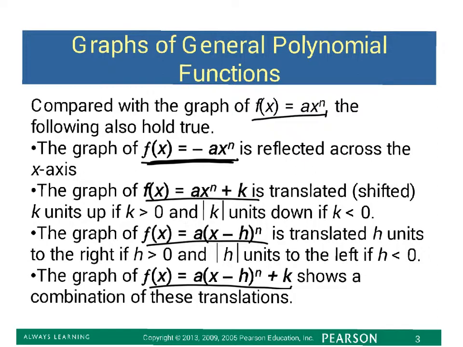Now, the graph of this right here, when we add a value of k to it, depending on whether it's negative or positive, it shifts up or down. And the graph of this one down here, when we add or subtract a value of h to x, the graph is translated right or left, so many units. And then the graph of this right here, it just shows the combination of all the translations I've stated before.